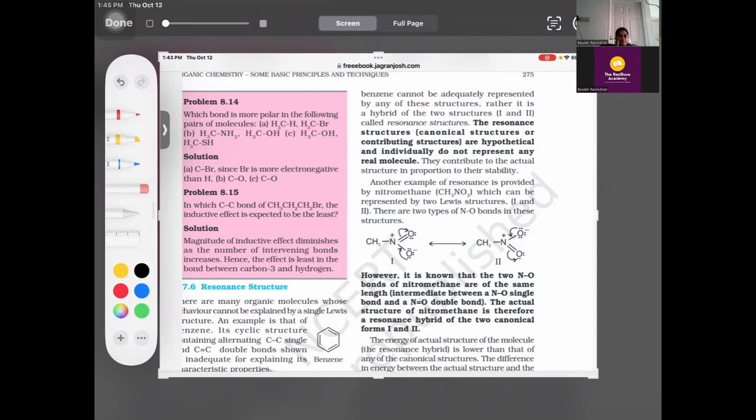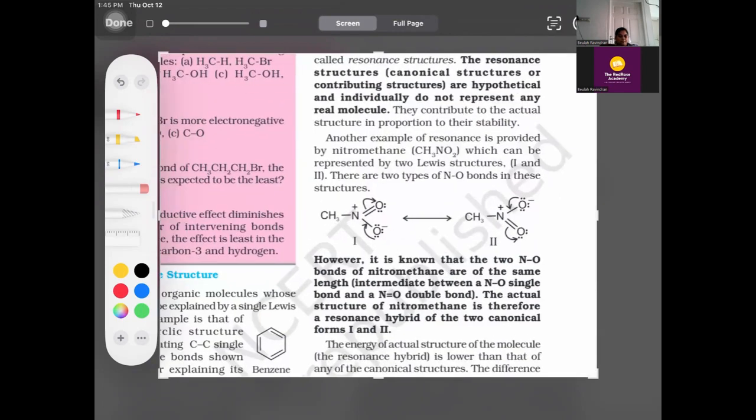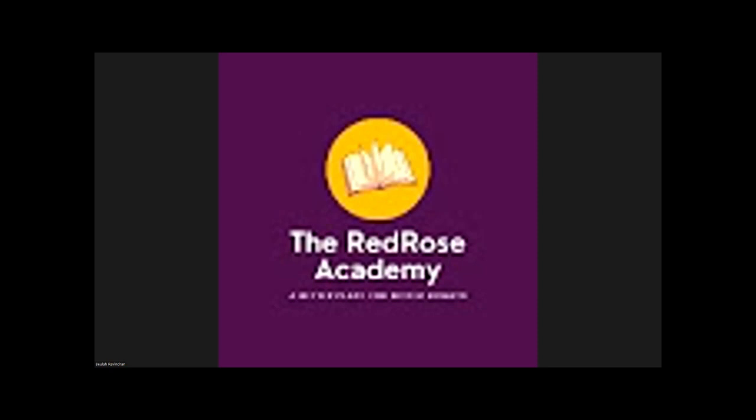So another example is given. What is that? Nitromethane. So what is nitromethane actually?